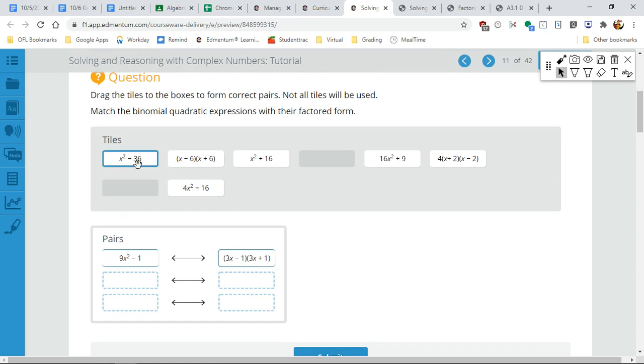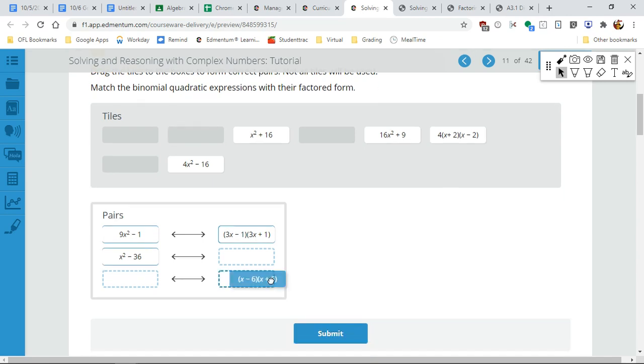All right, and this one's also a difference of squares because we can square root both of them. The square root of x squared is x, the square root of 36 is 6. So that's where we can do this difference of squares. Another one we can do here is we can look at this one right here. We can factor out that 4.